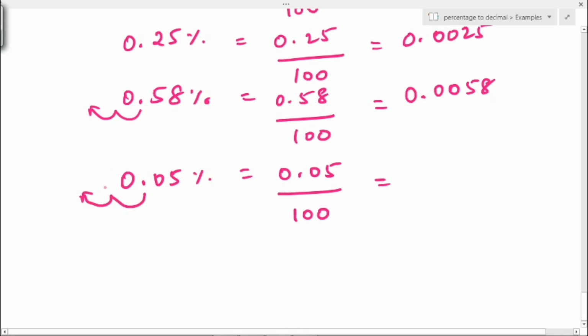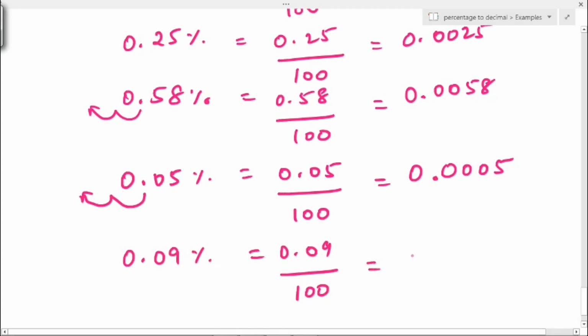In this gap we fill 0. We start with 0 point, and here we write 0, 0, 0. So we have 3 zeros and 5. Suppose we have 0.09 percent. That is 0.09 divided by 100. Again 0 point, 3 zeros, and 9. We start from here, 1, 2. So the answer is 0.0009.